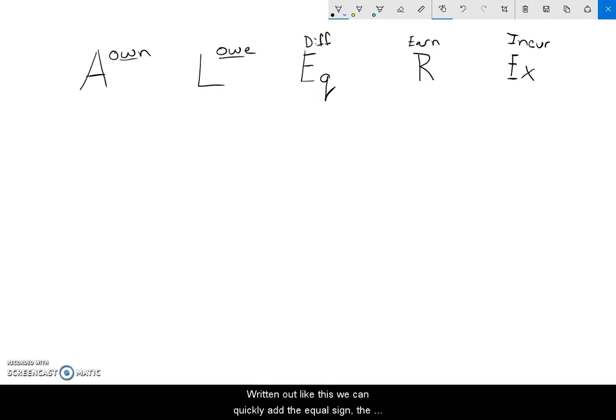Written out like this, we can quickly add the equal sign, the pluses, and the minus to demonstrate the accounting equation. When we look at the accounting equation, we see two sides, a left side and a right side. When accountants talk about left and right, they use the terms debit and credits.